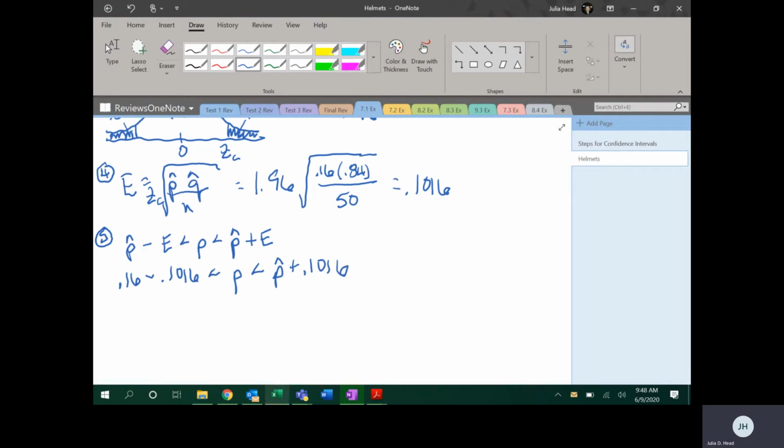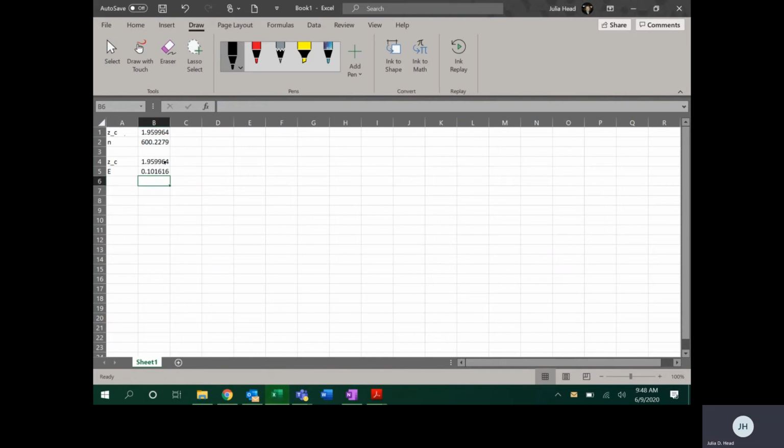So back to Excel. So we have 0.16 minus, and again, you have to cell reference E because it wasn't exactly 0.1016, and 0.16 plus, and again, cell reference.